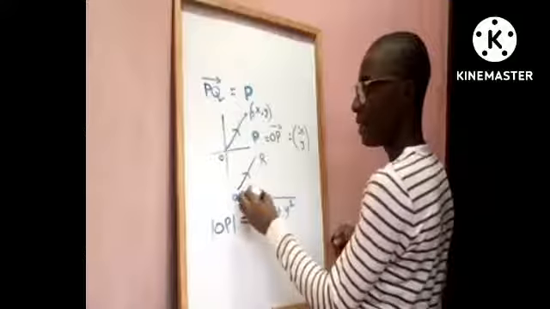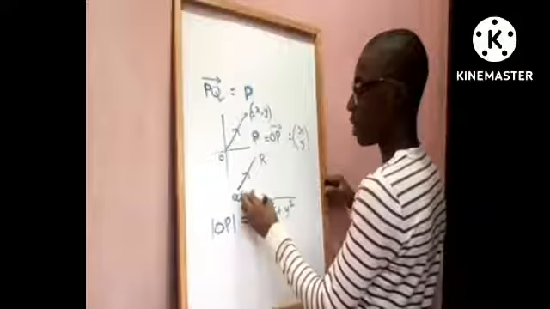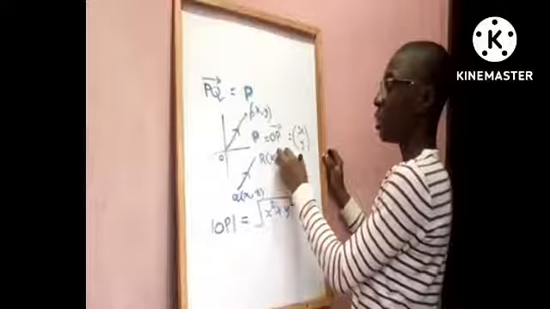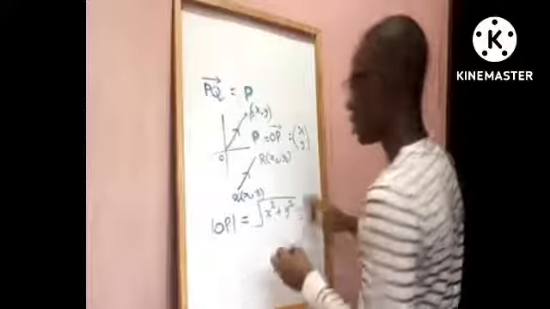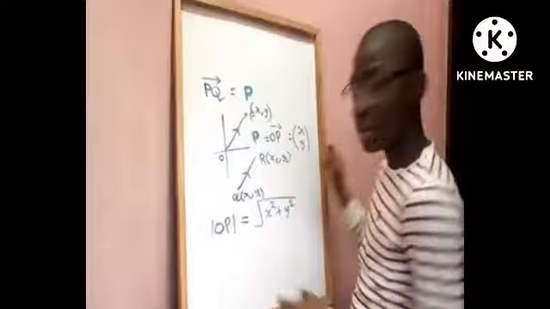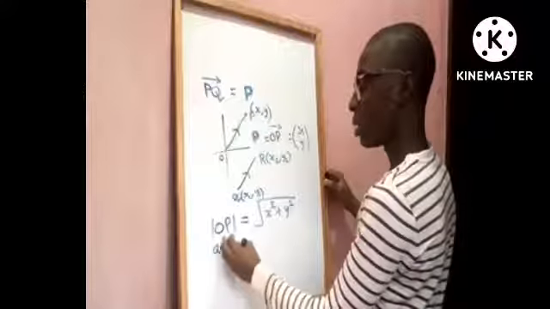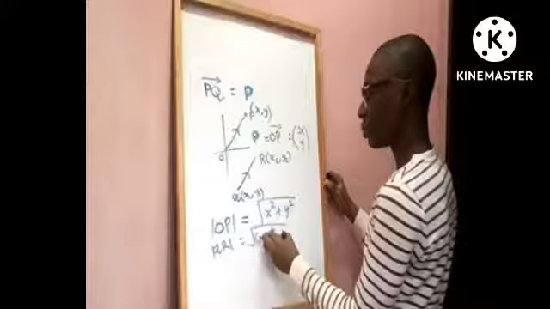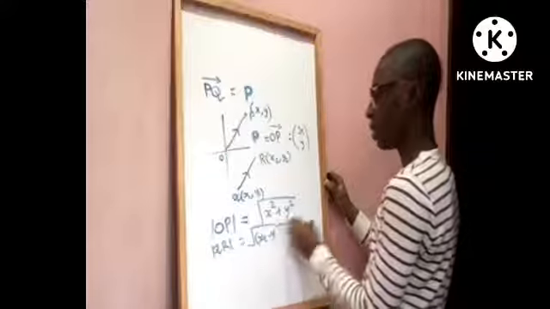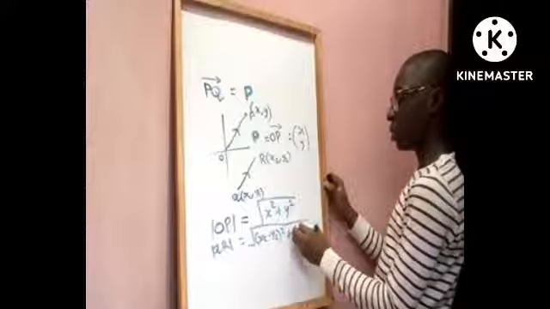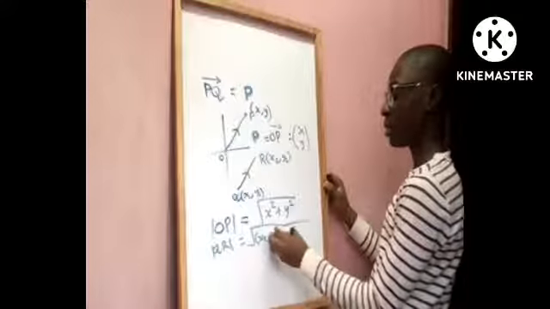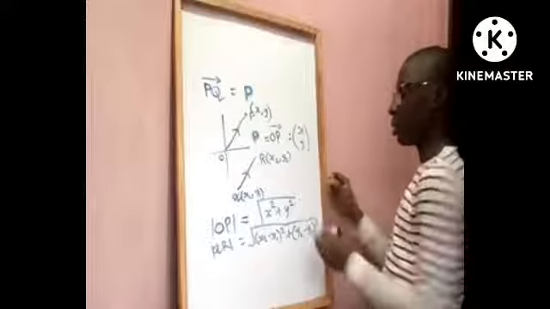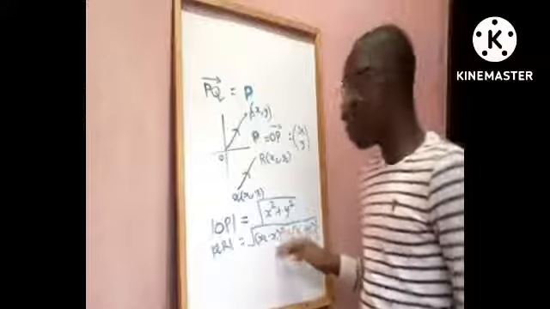Now, if the initial position of the vector is x1, y1, and the final position of the vector is x2, y2, then if this is the notation, the modulus of the vector QR will be the square root of x2 minus x1 squared plus y2 minus y1 squared.